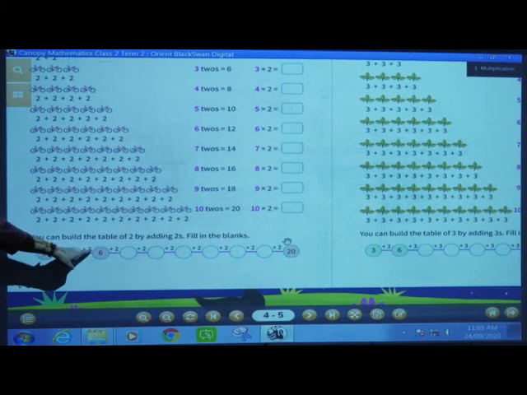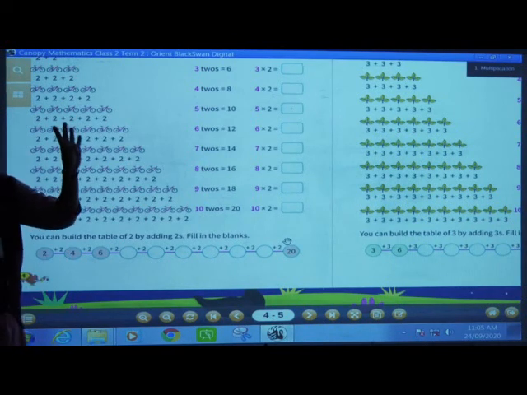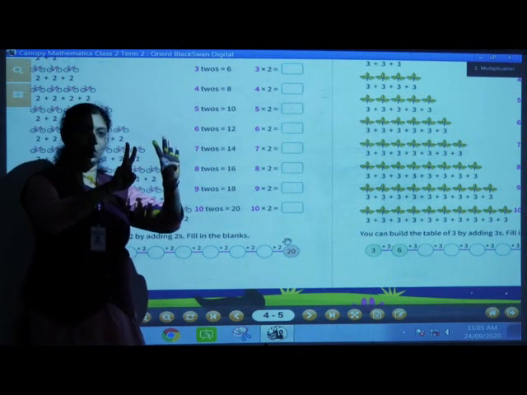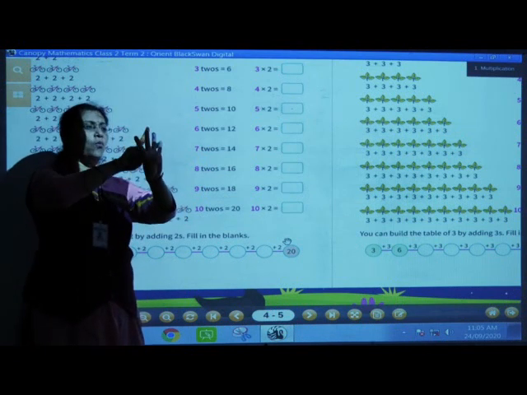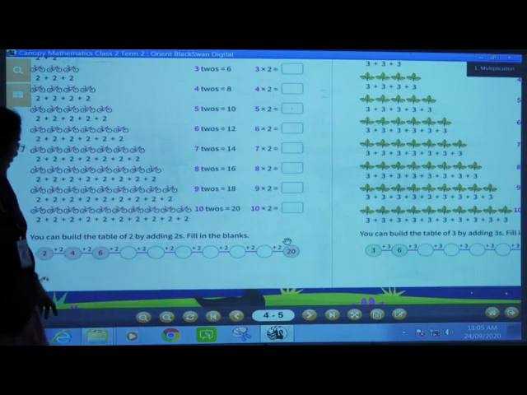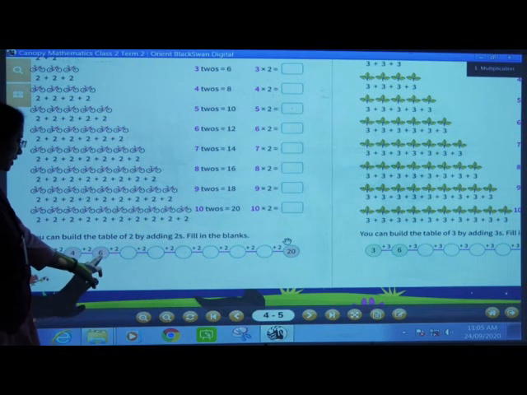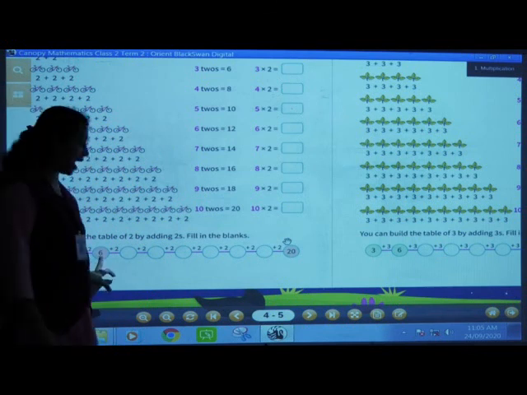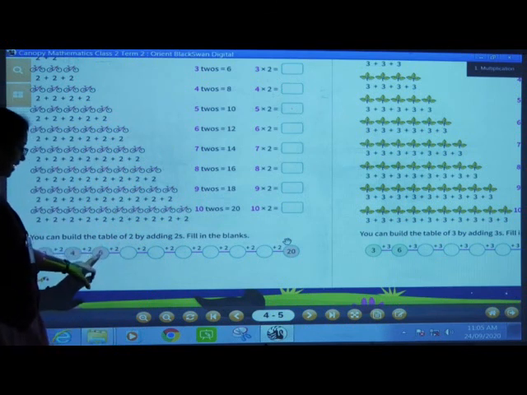Again we will add 2 to this 4. What will we get? 4 plus 2 is equal to 1, 2, 3, 4, 5, 6. Therefore, 4 plus 2 is 6. Again we will add 2 to this 6.